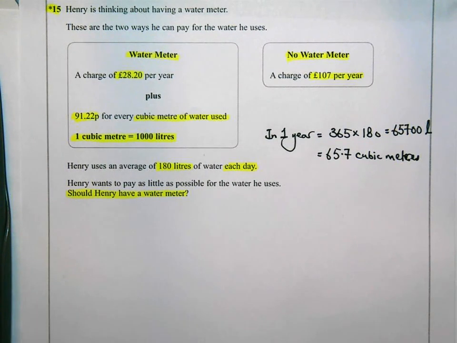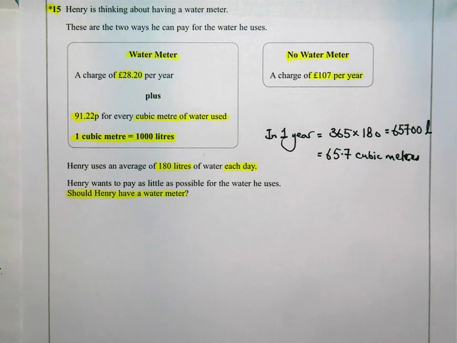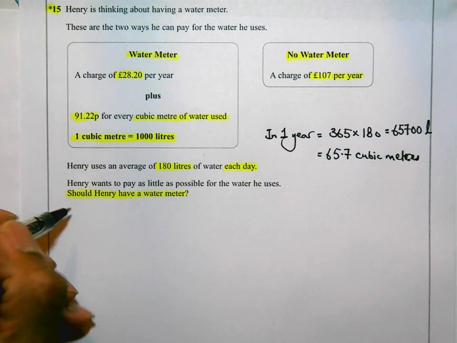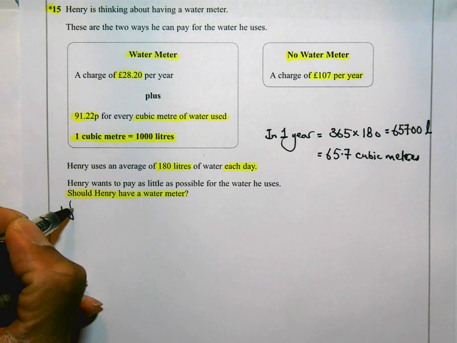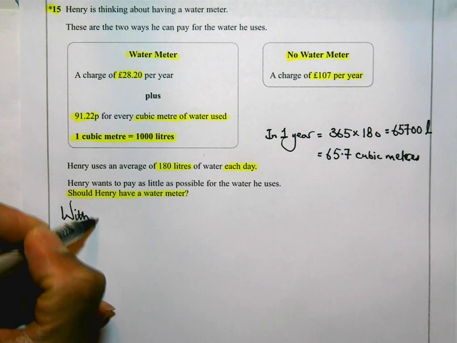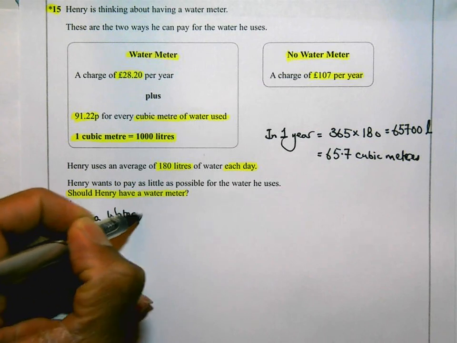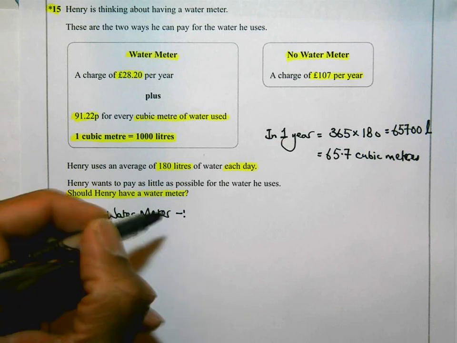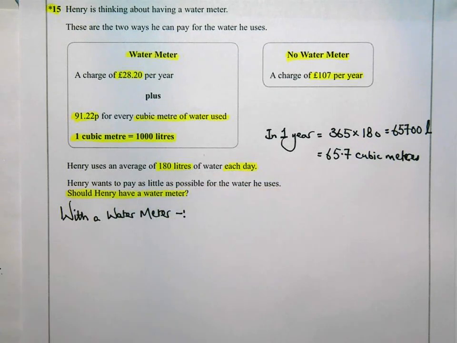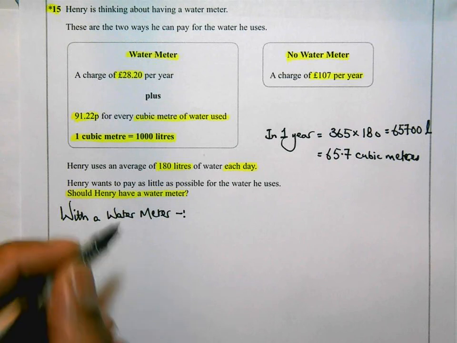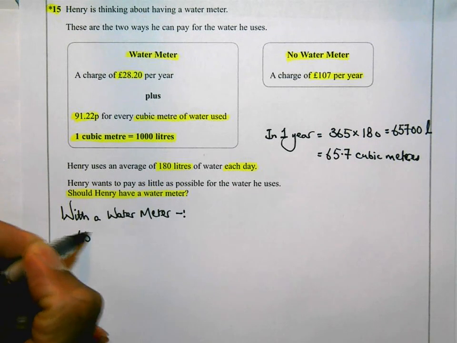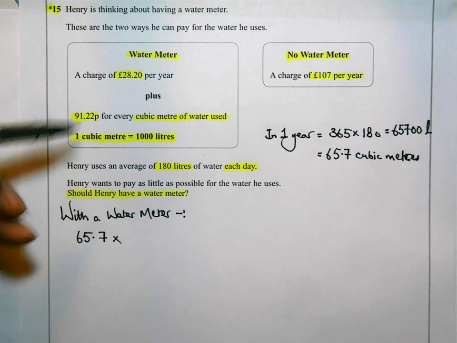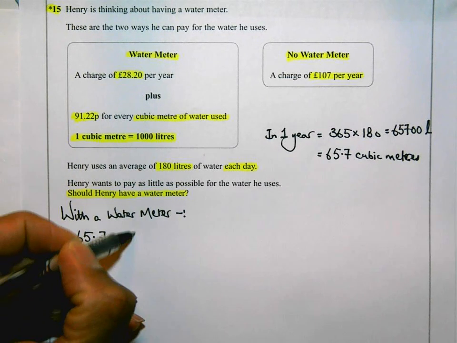So if I first of all look at the situation where he has a water meter, I know he uses 65.7 cubic meters of water, and each of those cost him 91.22 pence.